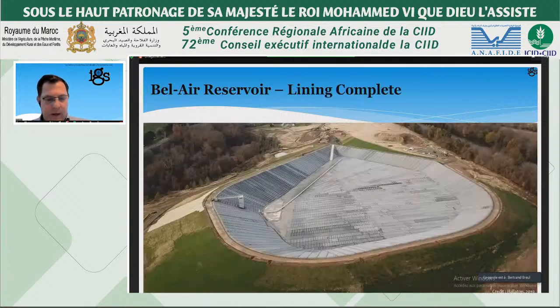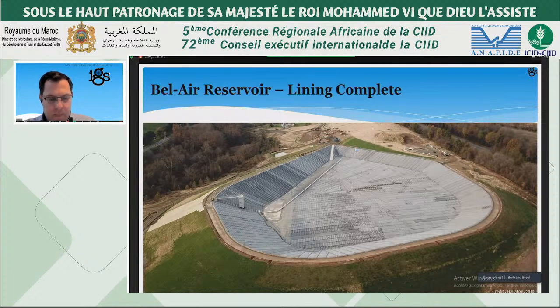So this is the liner completed. The design company evaluated 9 different geomembrane systems based on their performance on similar projects. The evaluation was carried out based on different parameters, including the history of performance, constructability, impermeability, resistance, and durability, and also a cost analysis.